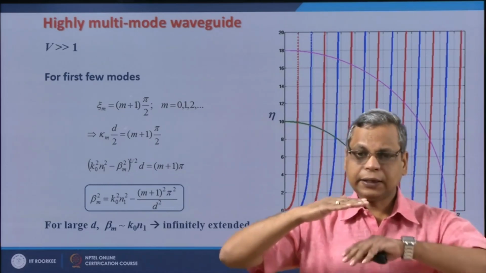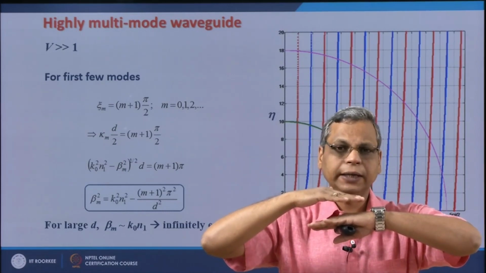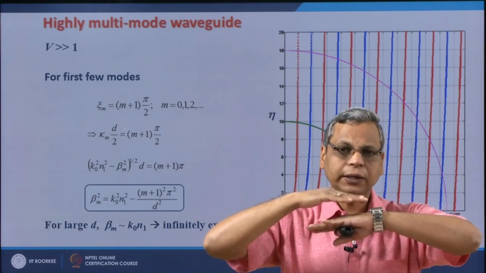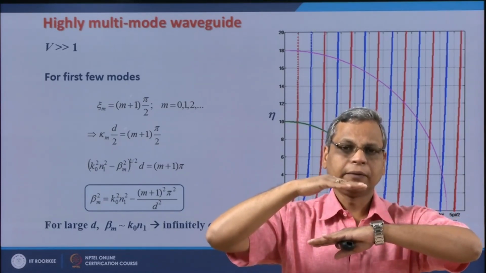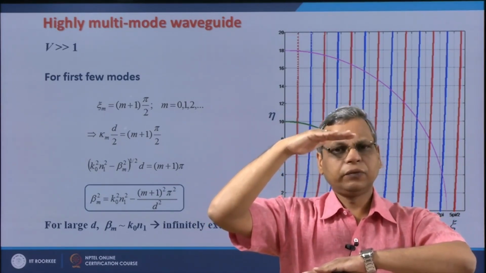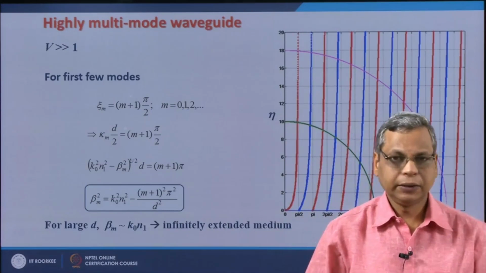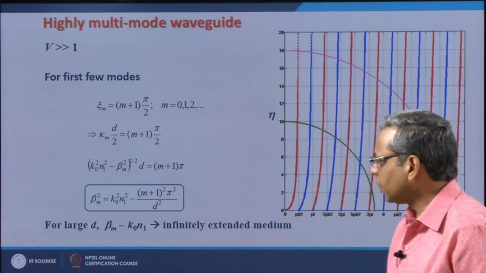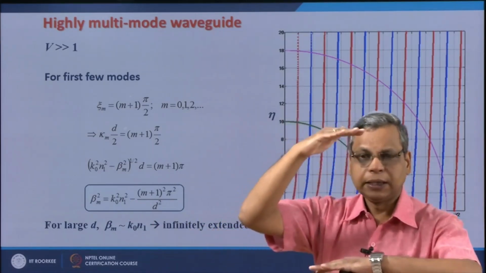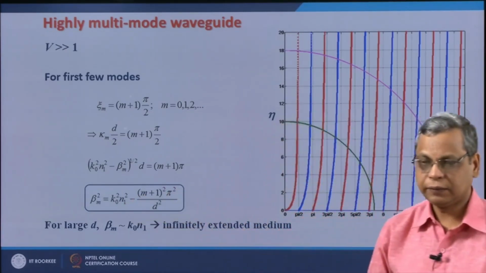If I start from a very thin waveguide, then there are discrete modes and they have propagation constants which lie between k naught n 2 and k naught n 1, but when I increase the width of the waveguide, and the width is very large as compared to lambda, then it is as good as an infinitely extended medium. So, the light will propagate with propagation constant k naught n 1, where n 1 is the refractive index of the medium. So, I will approach an infinitely extended medium if d is very large.